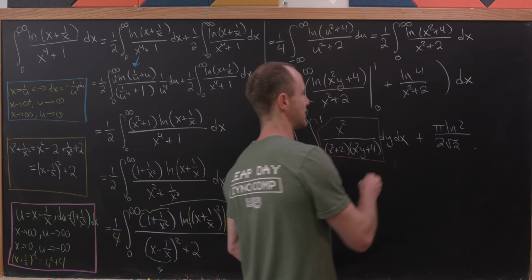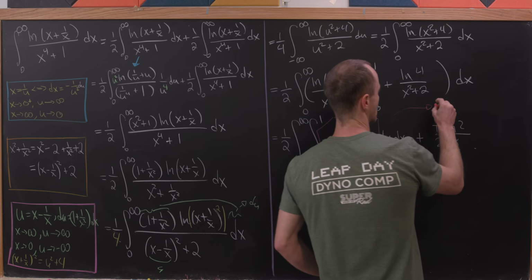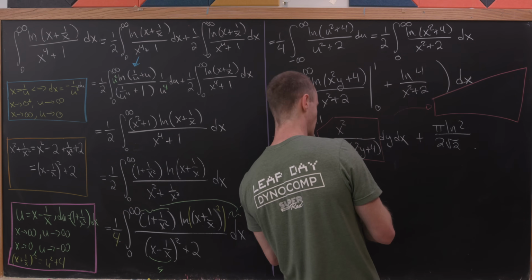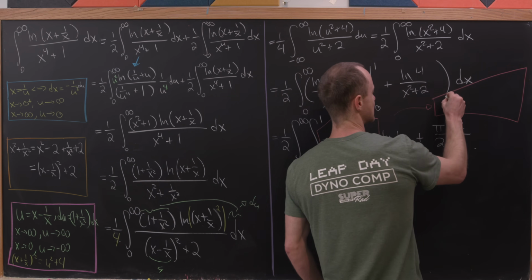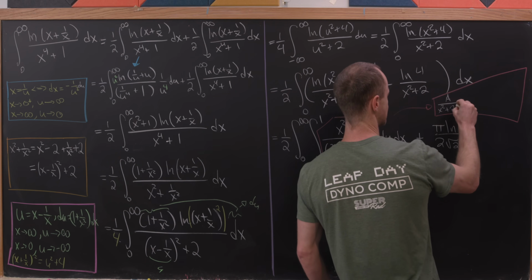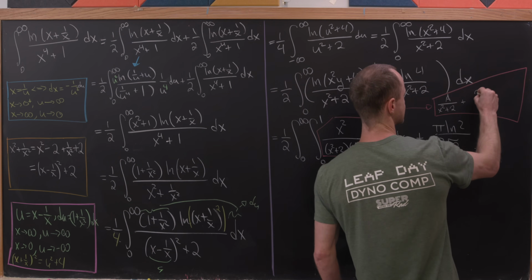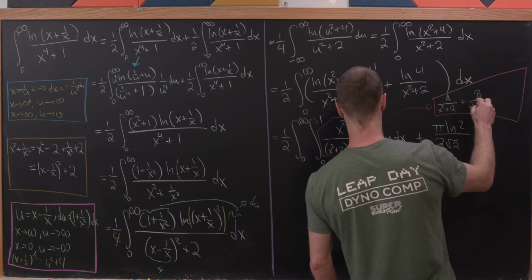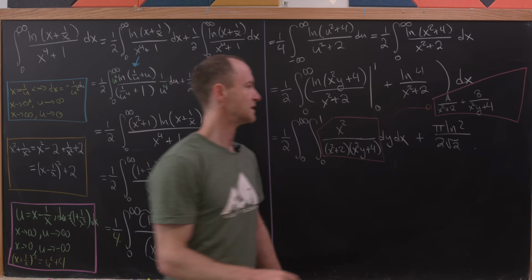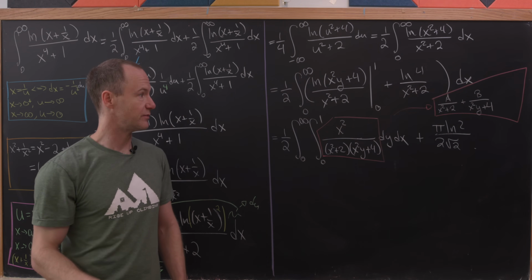So just to be thorough, and I'm not going to do all the arithmetic, we would write that as a over x squared plus 2, and then plus b over x squared times y plus 4. So if we can write it like that, we'd be good to go.